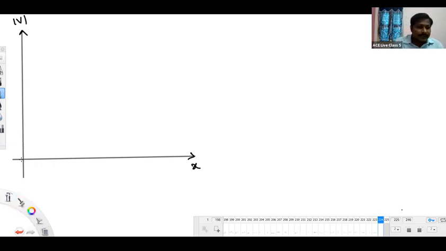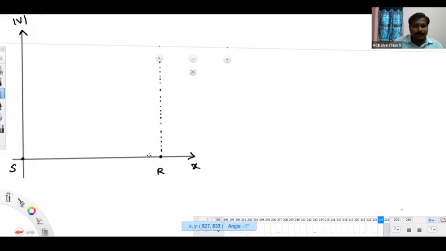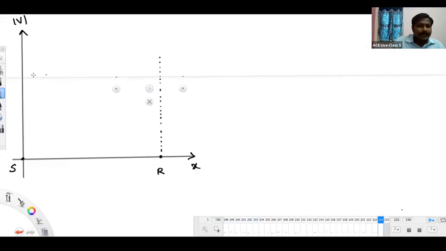Look here. This is the sending end side location, and this is the receiving end side location. I am showing one dotted line here just for reference, to indicate this as flat.